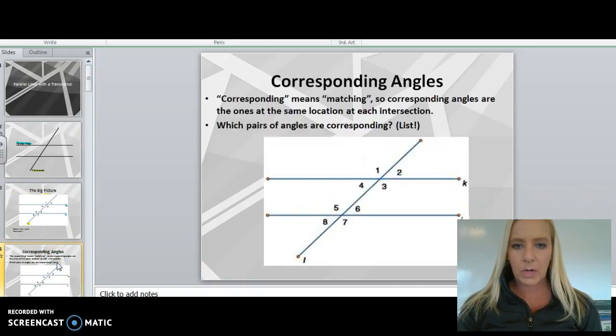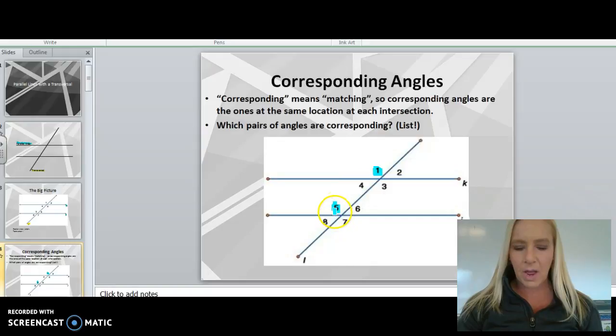So the first term that we're going to talk about are corresponding angles. Corresponding means matching. So the corresponding angles are the ones at the same location at each intersection. For example, if I look at 1, 2, 3, and 4, the corresponding angle to 1 is 5, because 1 is located at the same intersection location as 5.